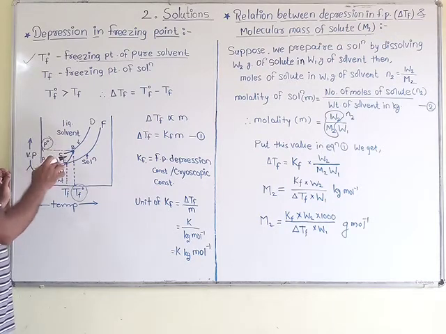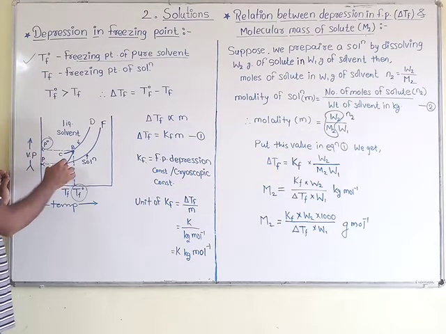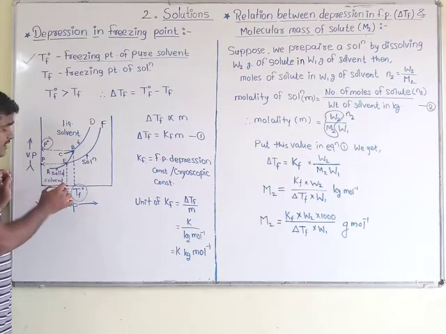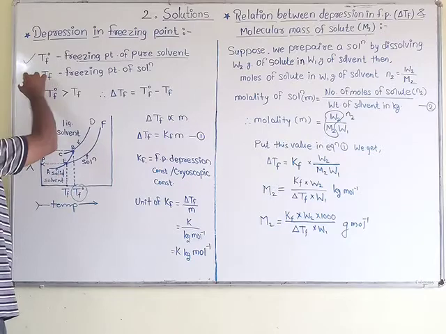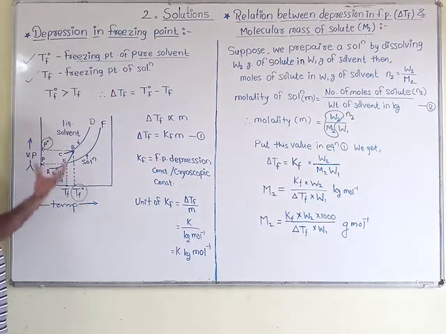That point we are calling point E. If I do the same thing again, plotting dotted lines on the y-axis and on the x-axis, then on the y-axis I get this point, which we call P. This P is nothing but the vapor pressure of the solution. And on the x-axis I get TF, and that TF is nothing but the freezing point of the solution. So this is a very important criterion.